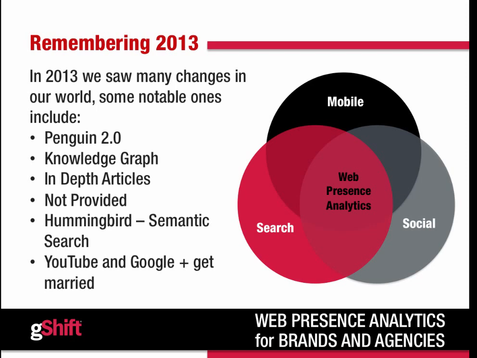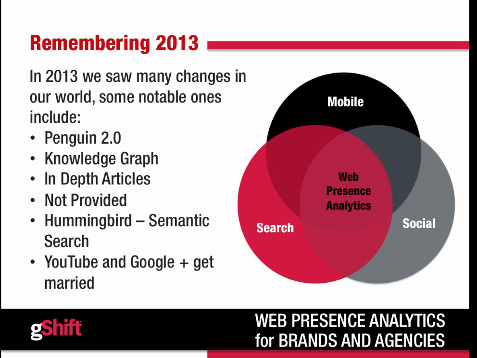Not provided data spiked up to about 80% of all keyword queries in 2013, causing a bit of panic in the fall. Currently it's kind of leveling off around the 80%, but that is expected to go up to 100% in a short period of time.